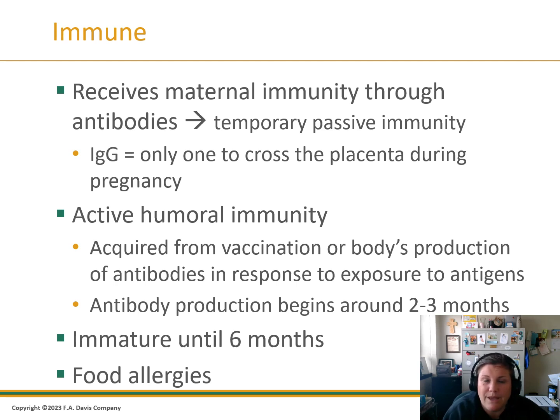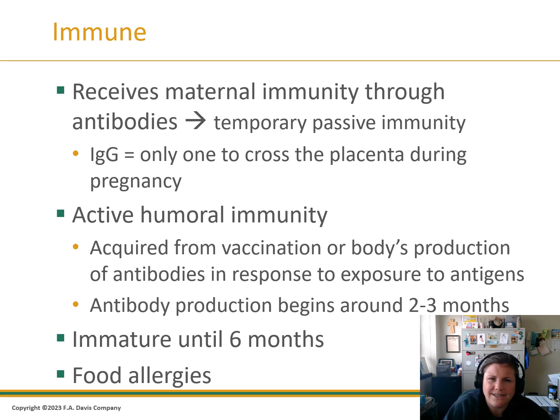We know that babies do receive some maternal immunity from the mother because of the ability for some immunity to pass, like IgG for one. It's the only one actually that can cross the placental barrier during pregnancy. But even with these maternal antibodies that we get, it's just temporary passive immunity until the body is able to develop its own immunity.